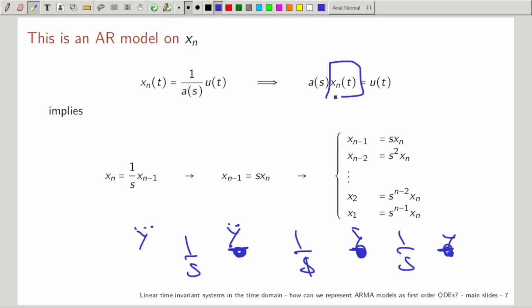So what is this object here? This object here is this. And x minus 1 is this one. In a certain sense, x minus 1 is the derivative of xn. So this one is, from a mechanical system point of view, the position.